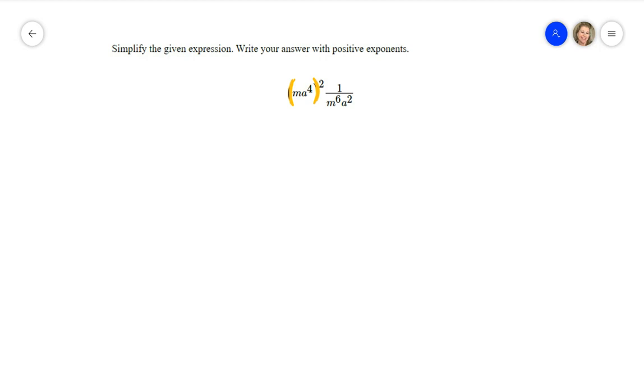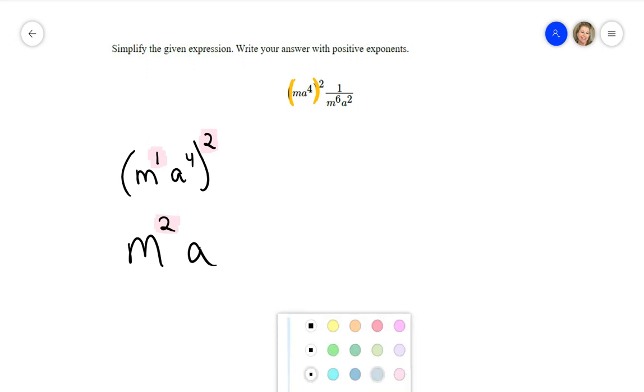I also have to remember that what I really have here is an M to the 1st, A to the 4th squared. So the M is going to be a 1 times a 2, and that's going to be a 2. And then the A is going to be a 4 times a 2, which would give me an 8 right here. So that's that part.